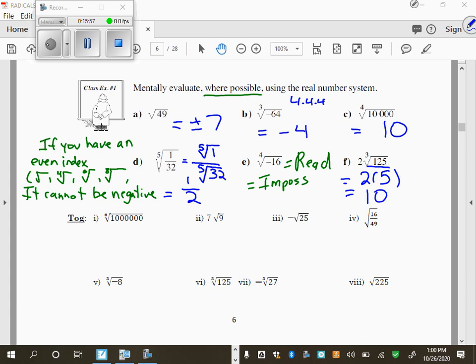Now let me tell you what I see sometimes. I see students go from here to 10. I have no idea how you got 10. You have to show your work. I need to see that this turns into 5, or you will not get full marks, okay? Just write it down, 2 times 5, and then put 10.